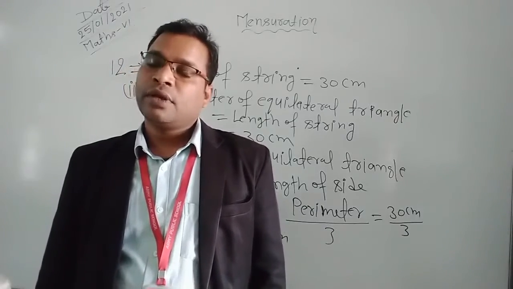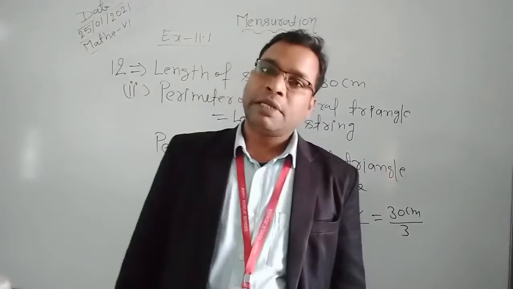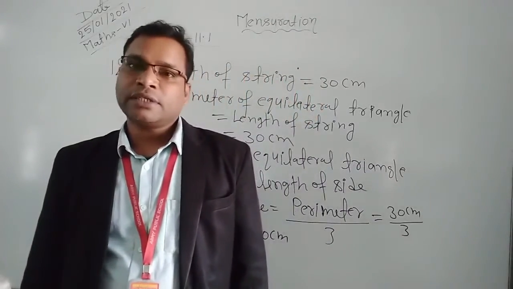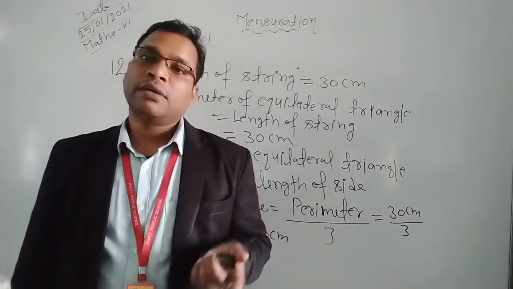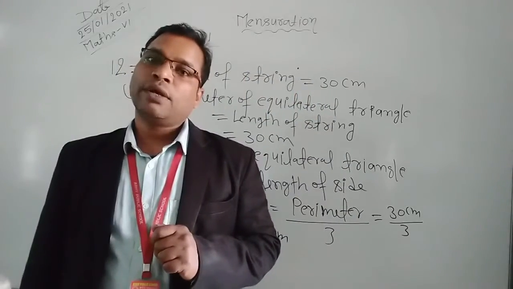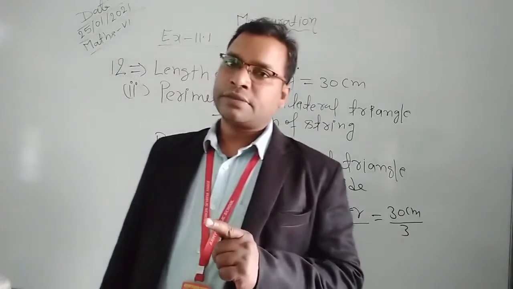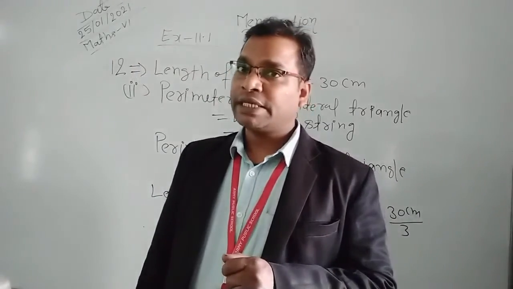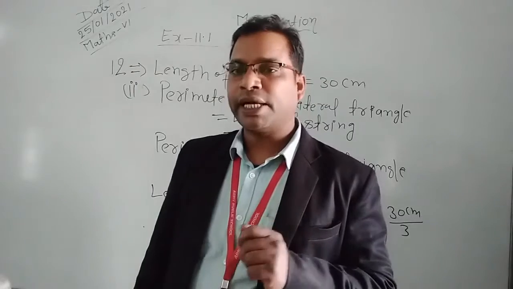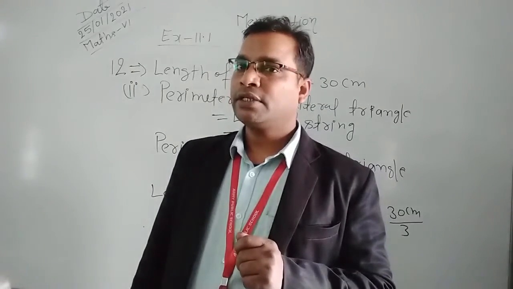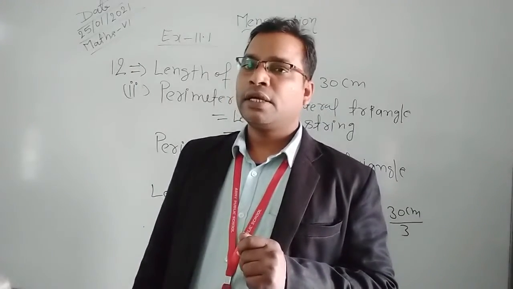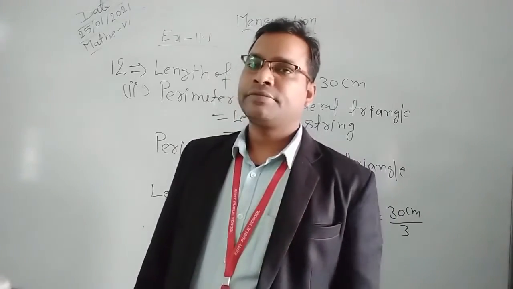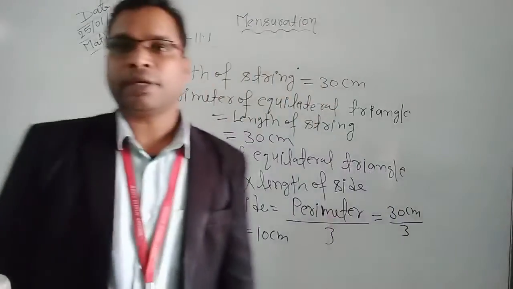First we find the perimeter, because the perimeter of the regular hexagon is the length of string, since this regular hexagon is made by this string, so the perimeter is 30 centimeters. When you divide it by 6, the number of sides, you will get the length of side of the regular hexagon.